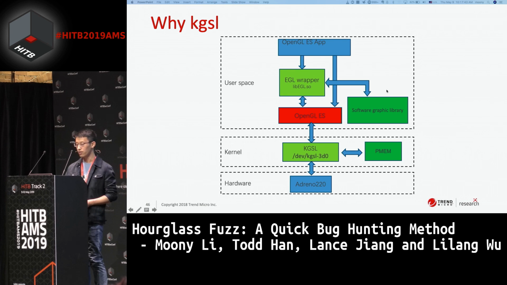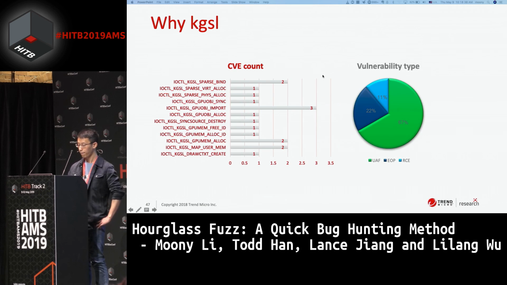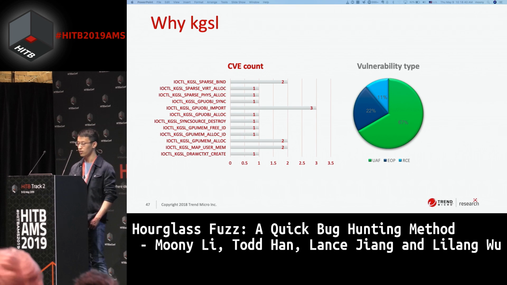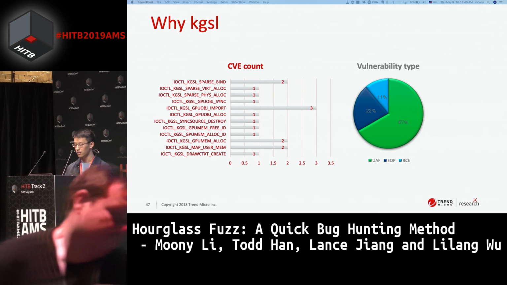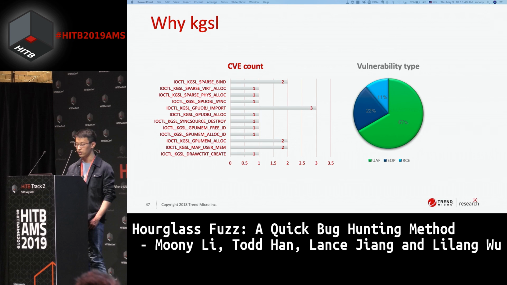There are a total of 35 functions in KGSL. We have statistics on the historical vulnerabilities of KGSL, as shown in the figure. Through the statistics of historical vulnerabilities of the KGSL 3D0 driver, we found that there are a large number of security issues.